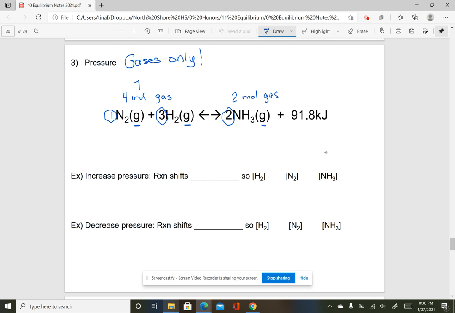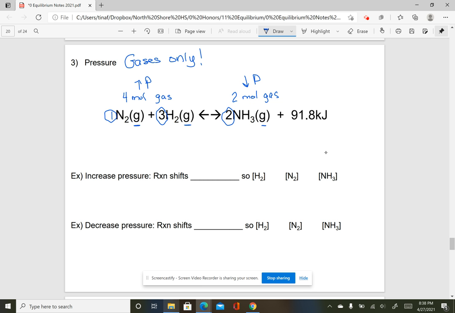This is the side where if I shift to the left, I'm going to be making more gas, so I'm going to make the pressure go up. If I shift to the right, I'm going from 4 moles of gas to only 2 moles of gas. So I'm making less gas in the container, therefore the pressure is going down. Okay, so I have to actually do all of that work before I even go ahead and read the question.